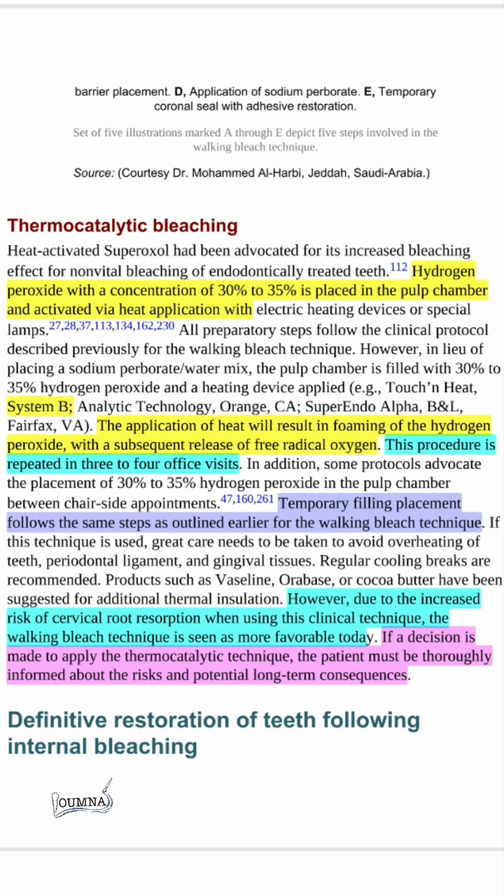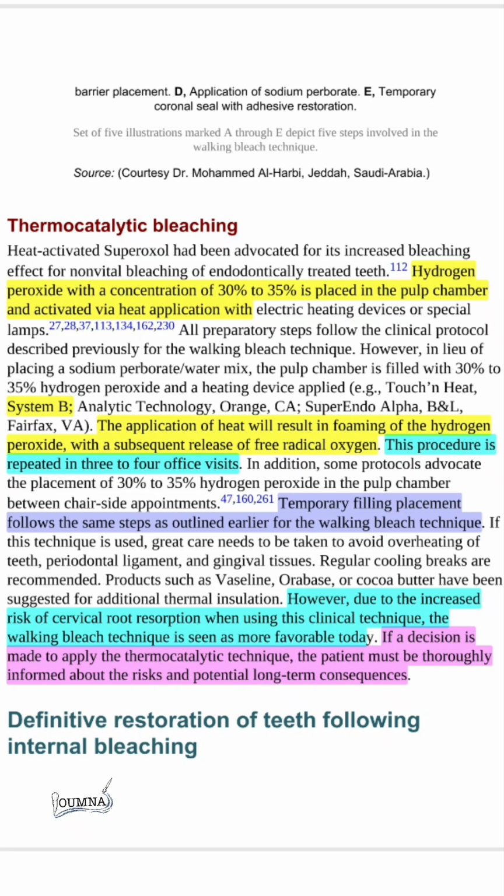As we said, if we did not use sodium perborate, we can use hydrogen peroxide instead, with a concentration of 30 to 35%, and we can increase its activation by using direct heat, whether it is with a System B or any other heat device that is available in the clinic.